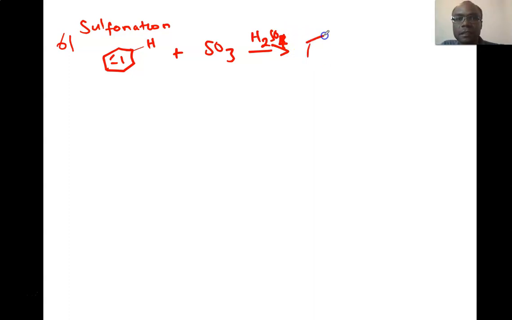Eventually the aromatic hydrogen, this one, is going to be replaced by SO3H. So your electrophile will be this SO3, or if you want to look at it in a different way, it's going to be that. That's what gives you the sulfonic group.